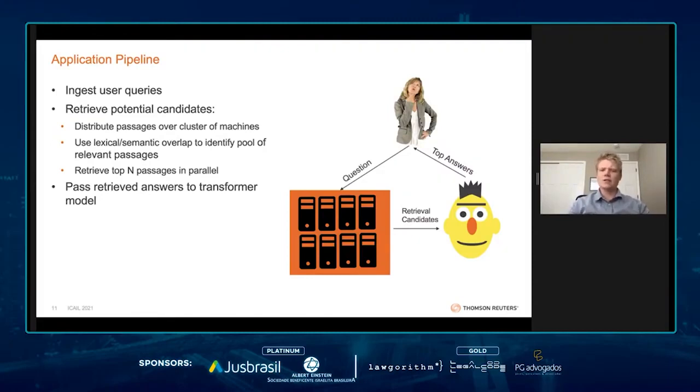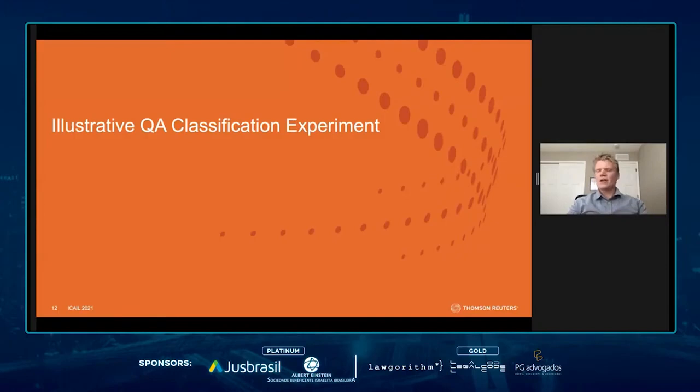So we have to use a lexical semantic overlap technique to reduce the size to something smaller, something more relevant. And we take the top N, and N can be 100, 1,000, 10, 50. It's up to the designer of the system. And then once we have that, we can pass those to the transformer model and then give the top answers to the user.